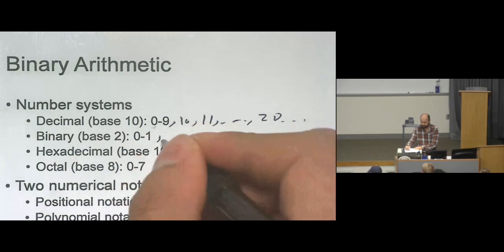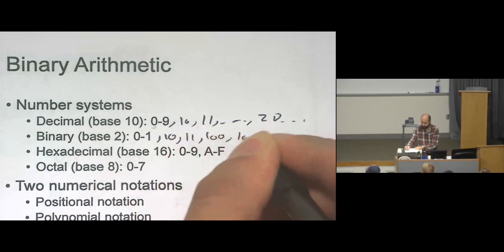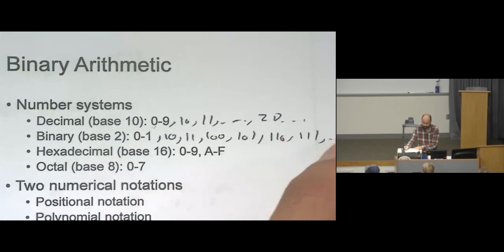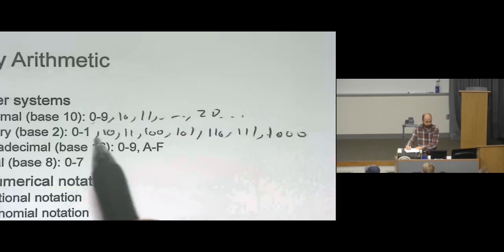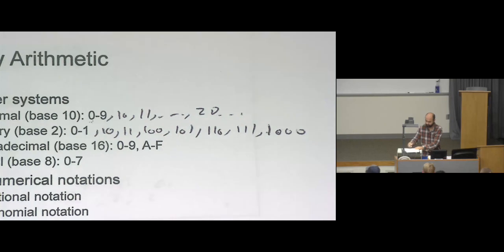We will say 0, 1, 10, 11, 100, 101, 110, 111, and then 1000. If we want to count, we have only 1 and 0.